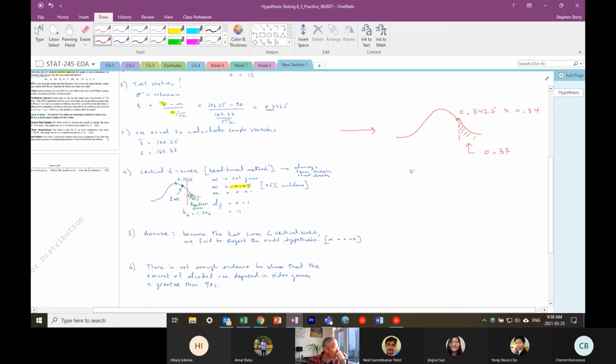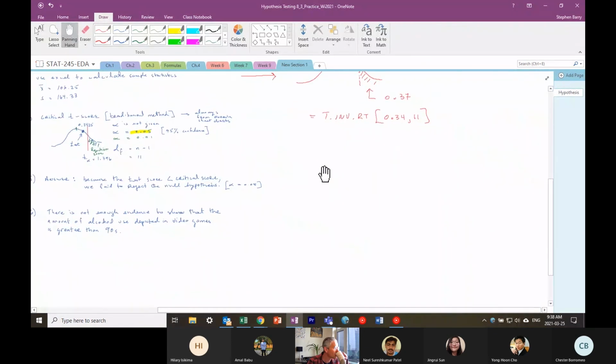So how did I do that? I went T inverse, right tail, degrees of freedom 11, and then you're in business. Now, this tells us the area here. Now, the p-value method says all I have to do now is decide which one is bigger.